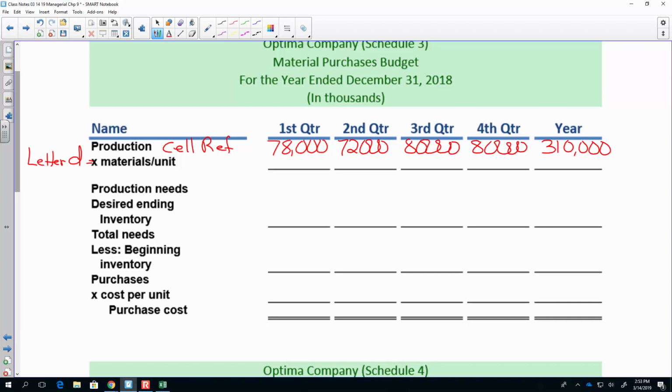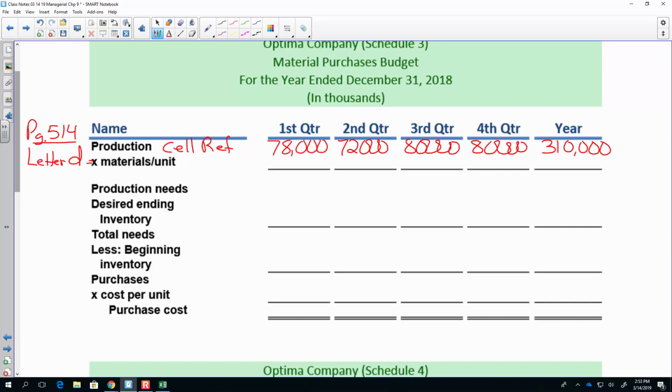So take a look at letter D on page 514. Just read it for a second. What I'm looking for is how much material is needed to make 1 unit.